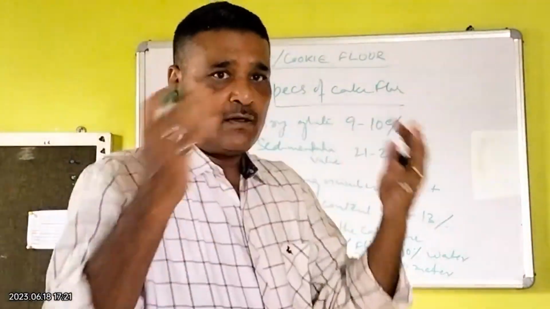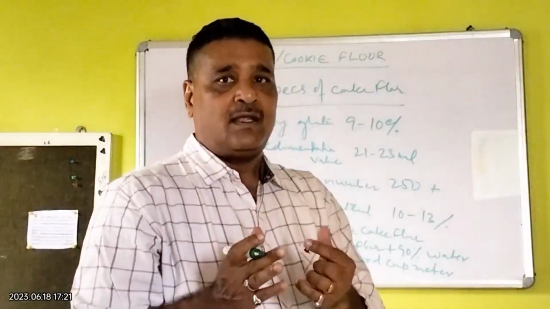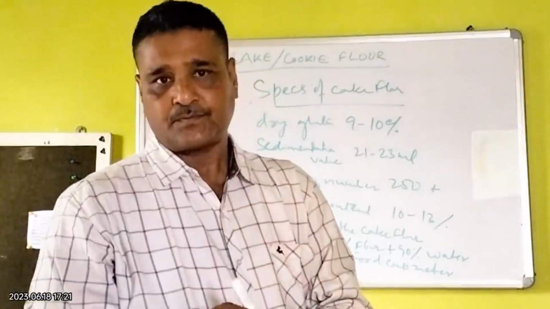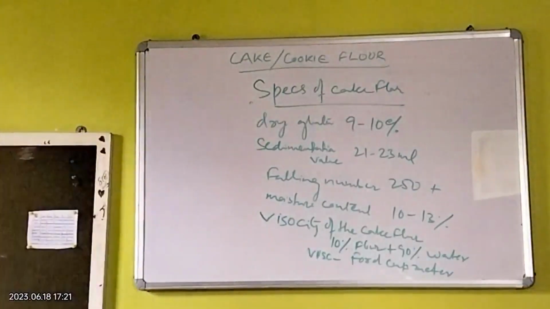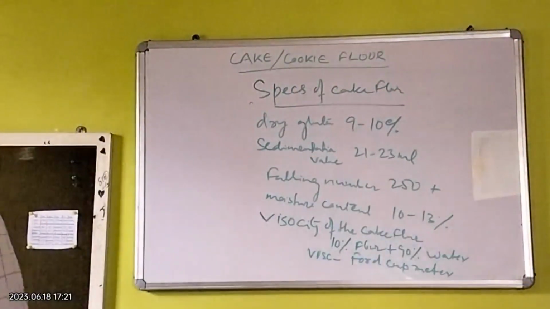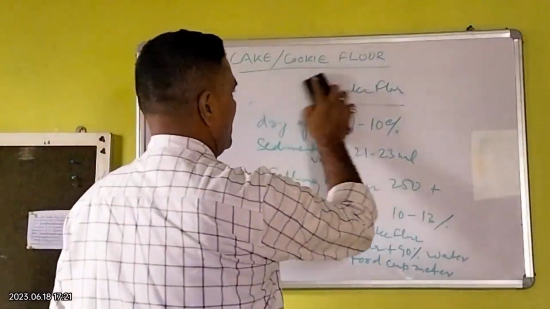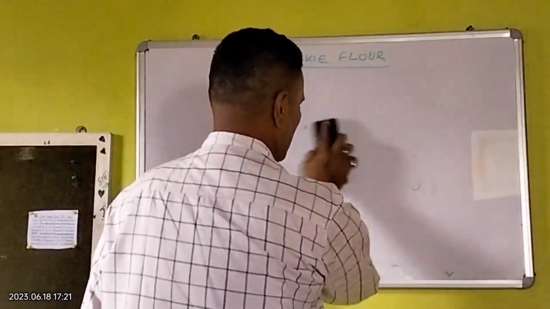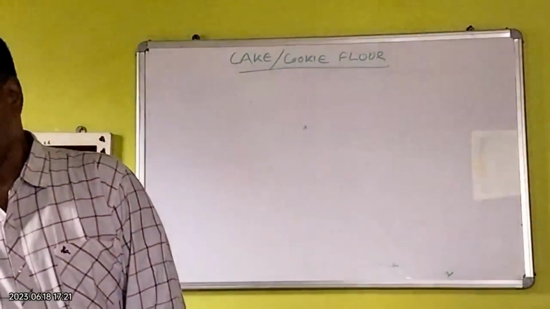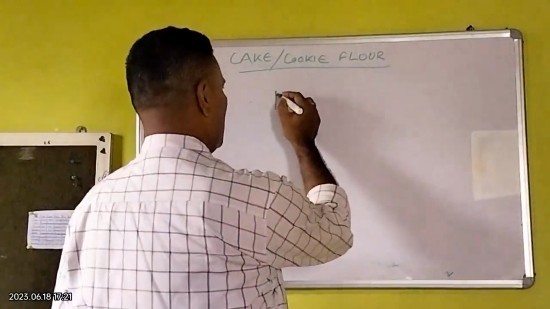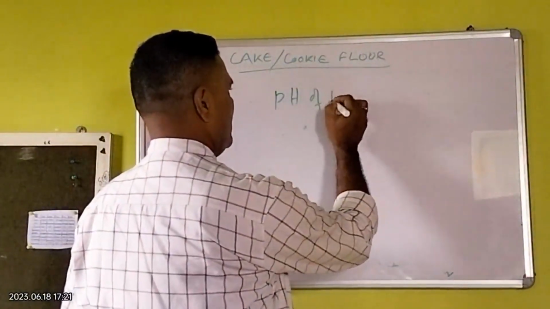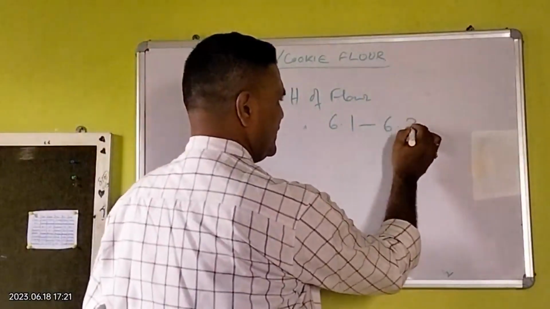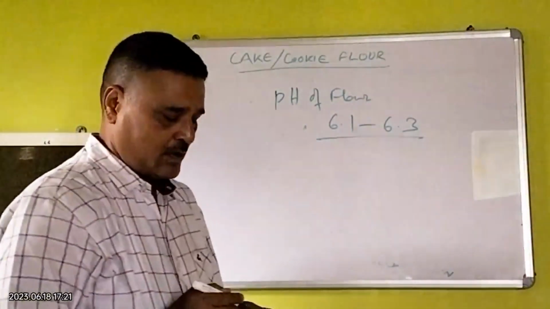Because so many components make a cake, and the viscosity of the batter plays a very important role in aeration of the cake. Another important factor is the pH of the flour. 6.1 to 6.3 would be the recommended.